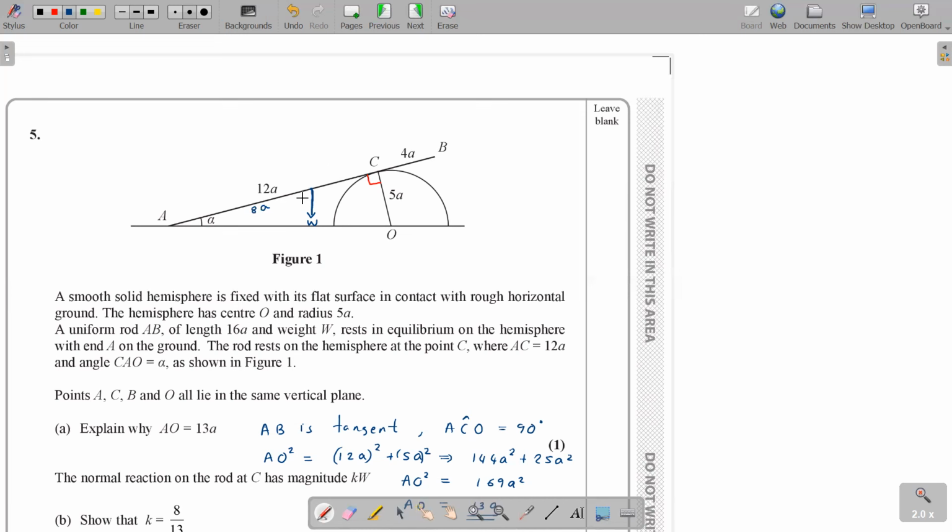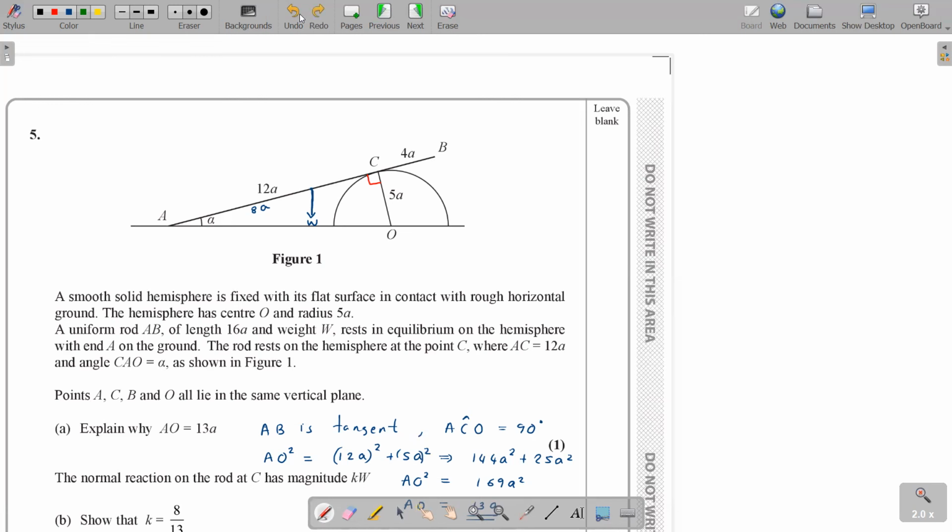Then the rod rests on the hemisphere at the point C. So when the rod touches the point C, what do you expect to have at this point? There's a normal reaction, right? Whenever there's a contact force, there's a normal reaction. And they have said the normal reaction at C has magnitude KW.